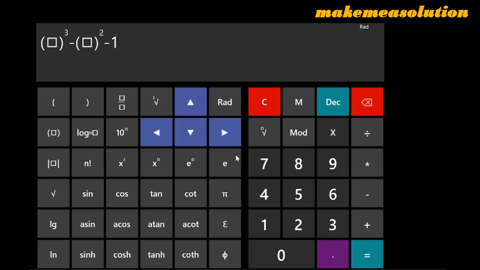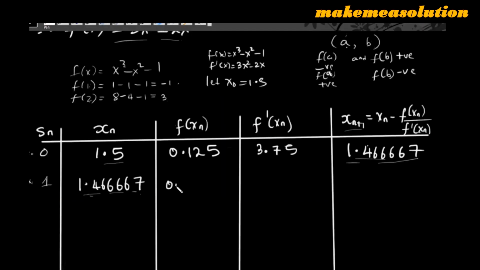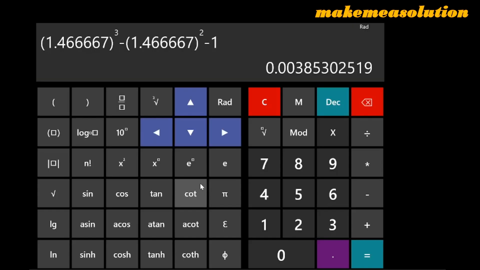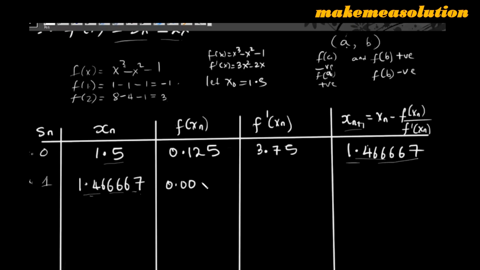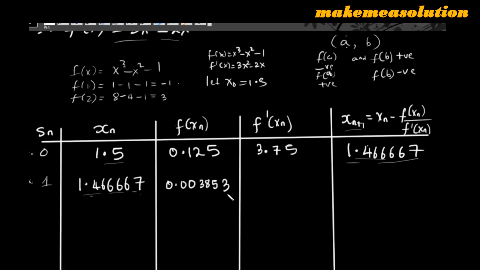So we are dealing with the something at this point as 1.466667. So you just fill it there, 1.466667. So when you evaluate it, you get 0.003853 to 6 decimal places.